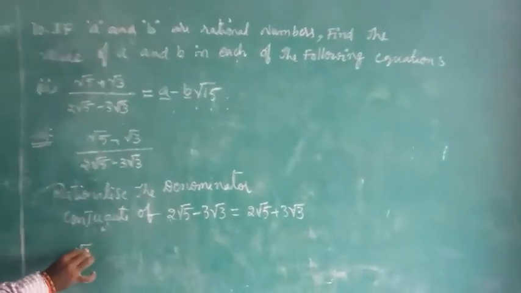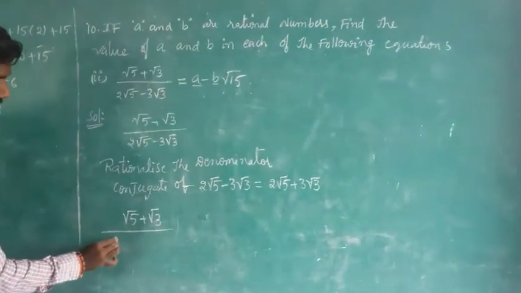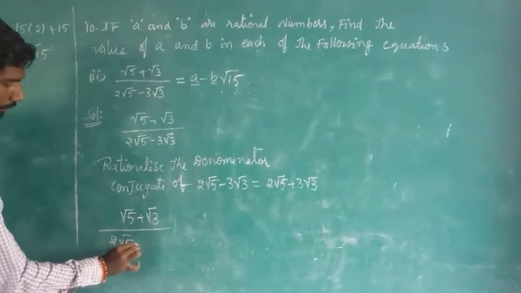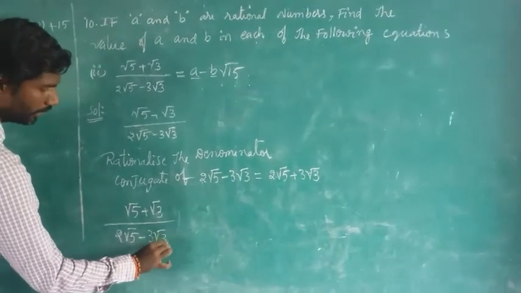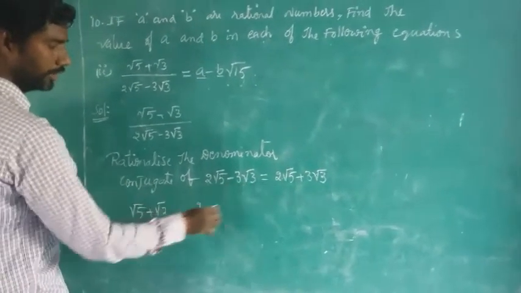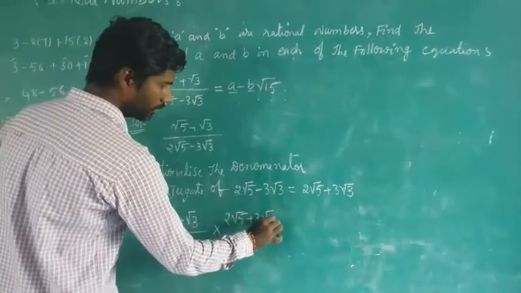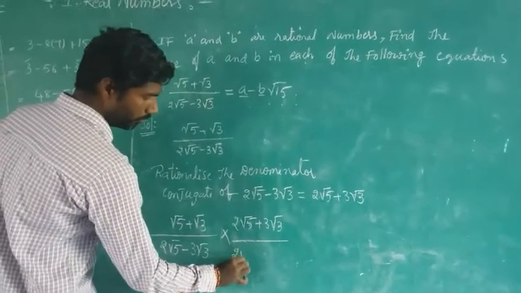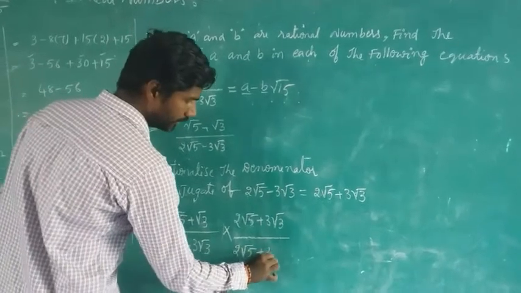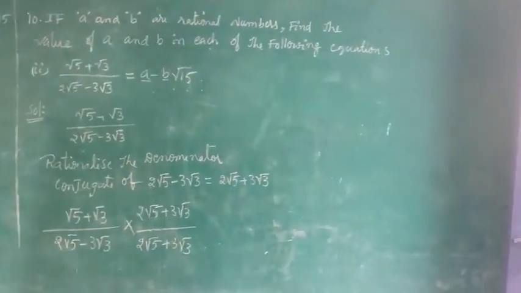So root 5 plus root 3 upon 2 root 5 minus 3 root 3 into, we are multiplying and dividing by the conjugate value of this, 2 root 5 plus 3 root 3 upon 2 root 5 plus 3 root 3. So this value we need to multiply.